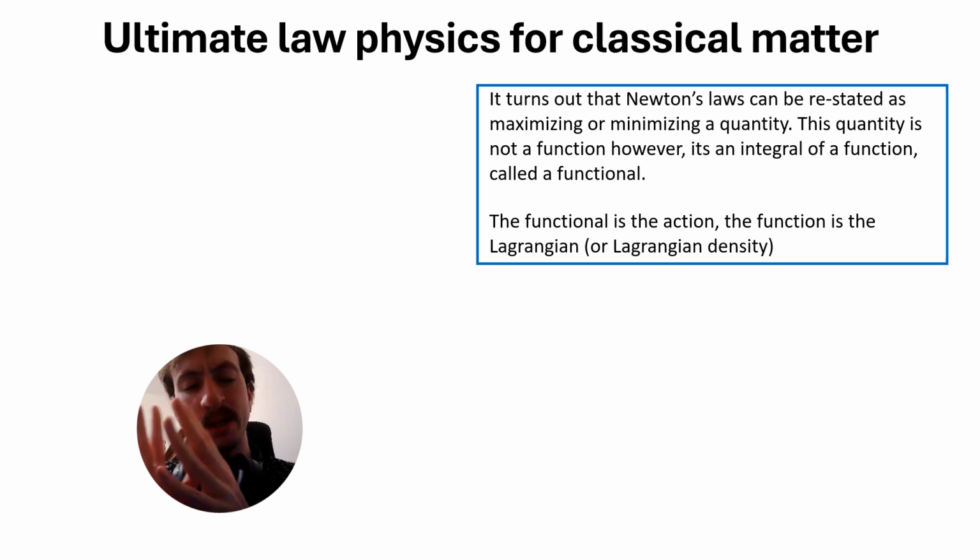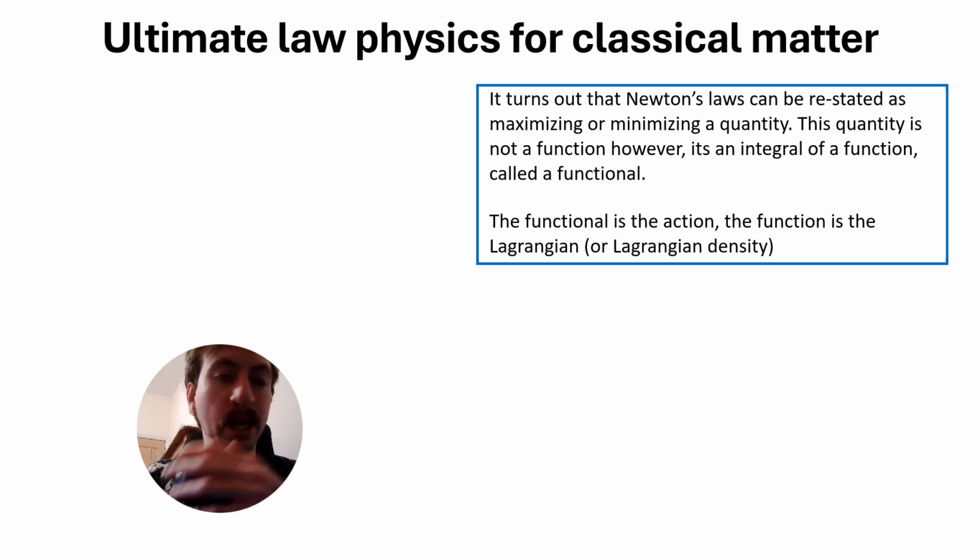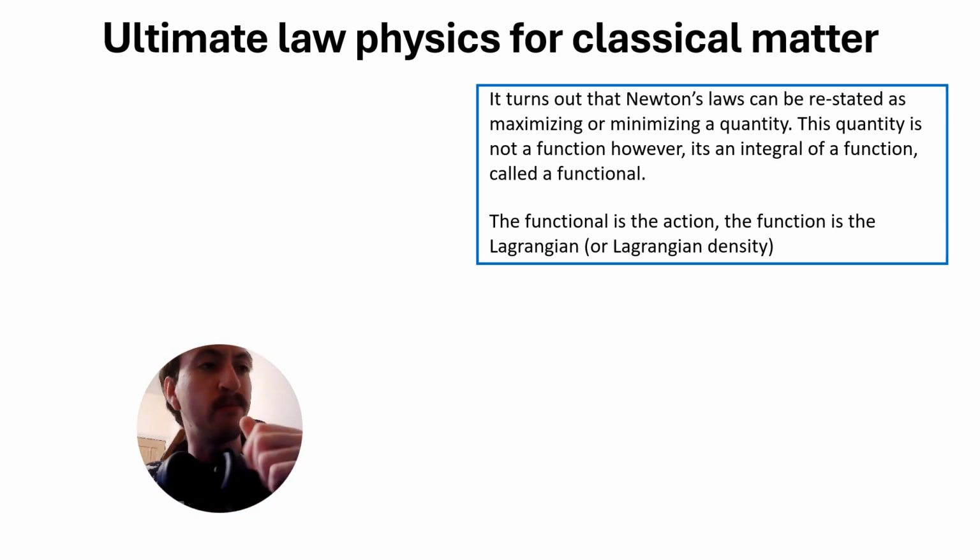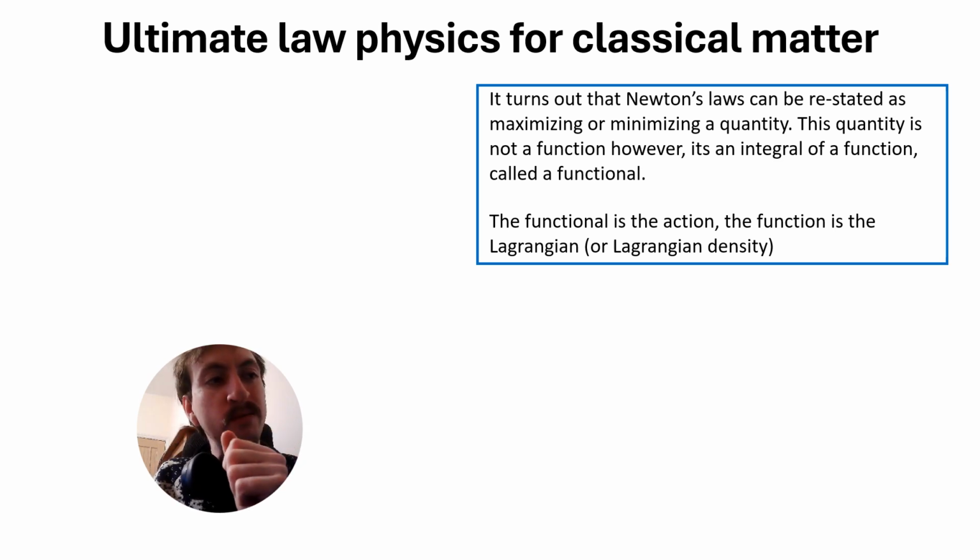However, when we try to do this with Newton's laws, trying to get something that will predict the equations of motion through optimization techniques, so the maths or calculus behind maximising or minimising quantities, we found something mildly surprising. The thing we have to maximise or minimise, in other words find the stationary value of, is not a function.